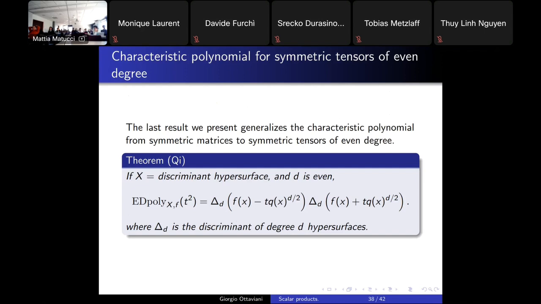Then you find a moving family with respect to t, and at some point you find a singularity.